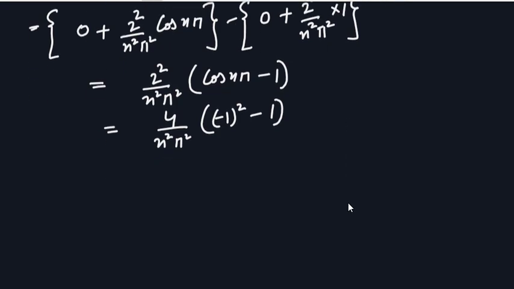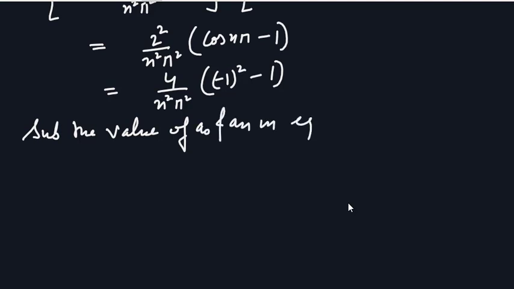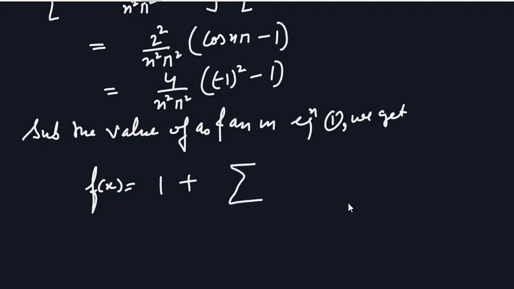Substituting the values of a naught and an in equation number 1, we get f of x. A naught we have got its value as 2, so you will get 2 by 2, that is 1, plus summation an. I can write 4 by pi square outside the summation because this is independent of n.